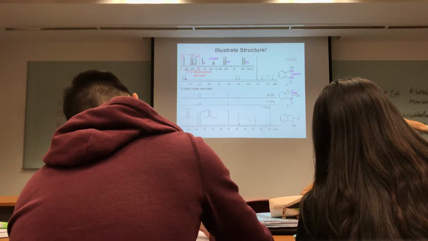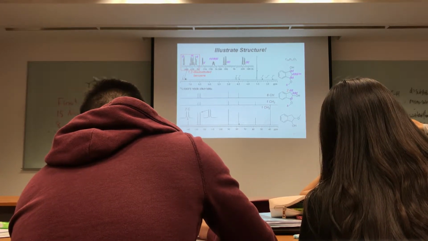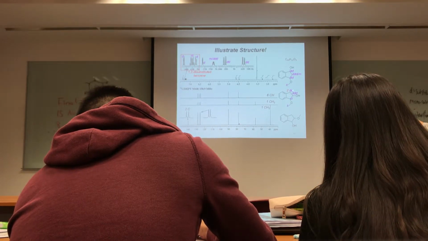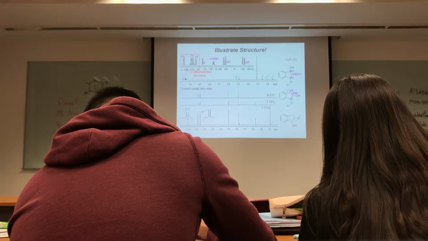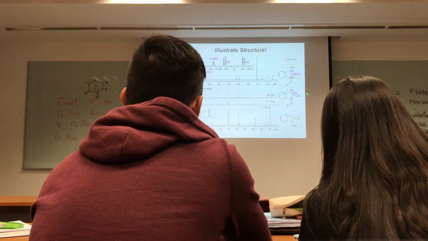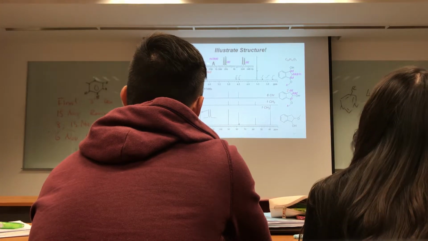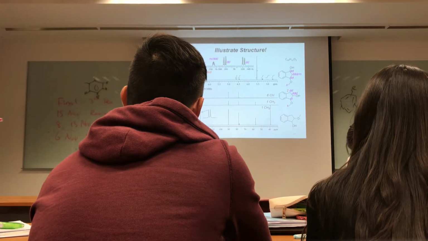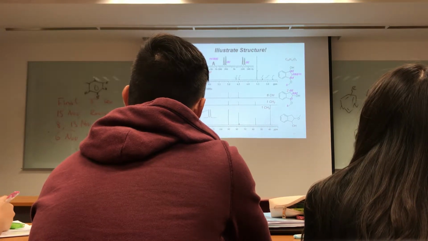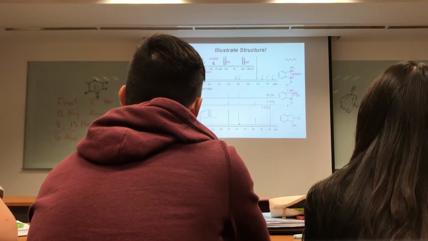Now you have a doublet of doublet. As this is 2 protons, you have 2 doublets of doublets. One doublet, two doublet of doublet, one doublet, one multiplet, or doublet of doublet of doublet. In this case, you have two doublets here, one doublet, or two doublet of doublet, those two. You have one doublet here, and in the middle one, you have a multiplet or ddd, right? This one matches.